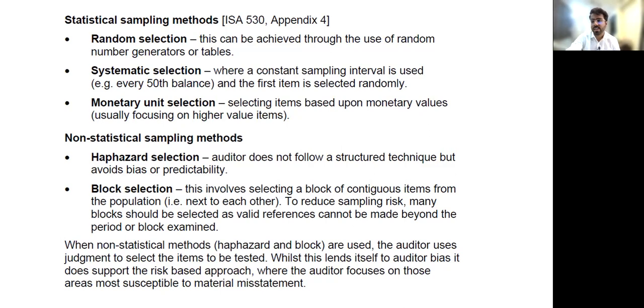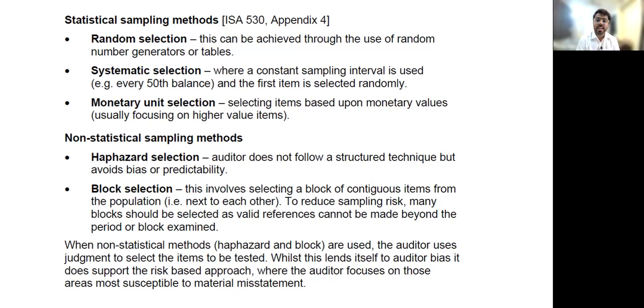Next, block selection. What is block selection? Instead of selecting one transaction, you're going to select a block of 2 continuous transactions which are side by side, one after the other.